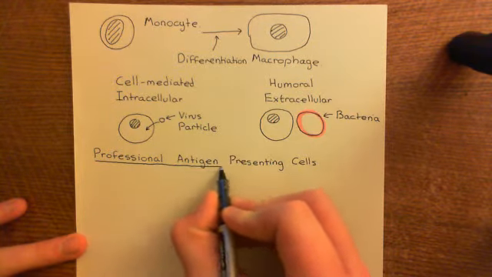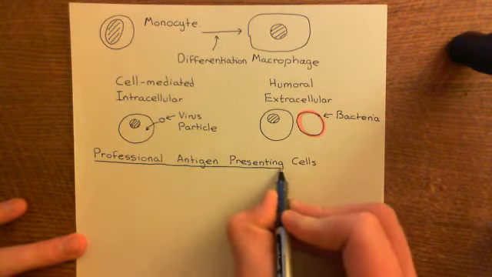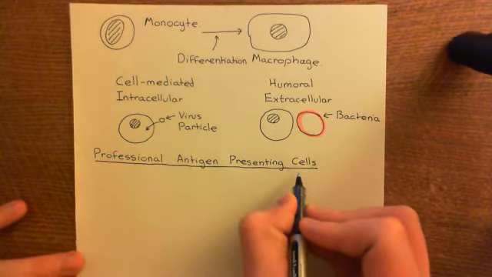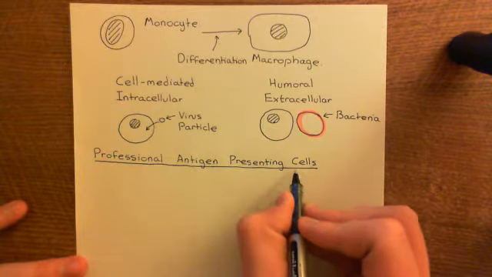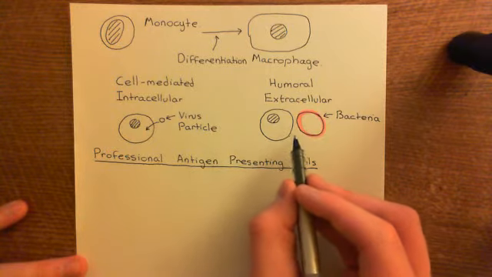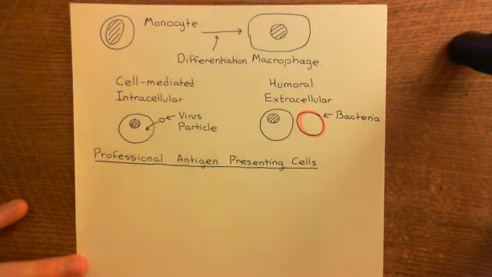adaptive immune response. So basically, all cells in the body can actually present antigens, which is the process where you chop up an antigen and stick a fragment of that antigen on the surface of your cell. Now you might wonder, what is an antigen? An antigen is just anything which is capable of having an antibody made against it.